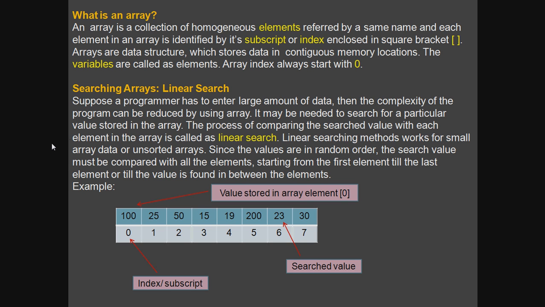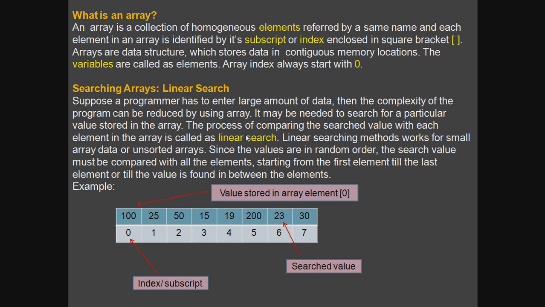However, it is a tedious task in terms of linear search. The process of comparing the search value with each element in the array is called linear search. So when you have to compare the value you are searching with every element in the array, it is called linear search.